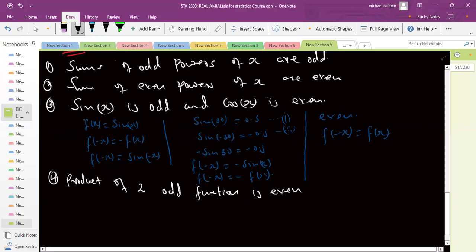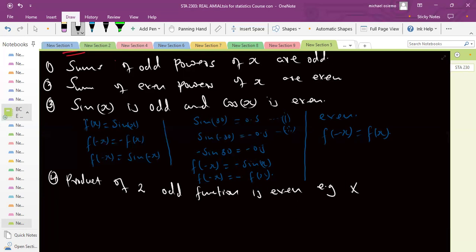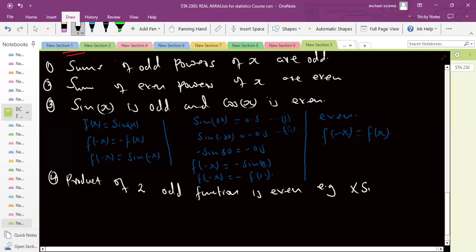For example, y equals x is an odd function, and sin x is also an odd function. So if I have x sin x, automatically it becomes an even function.